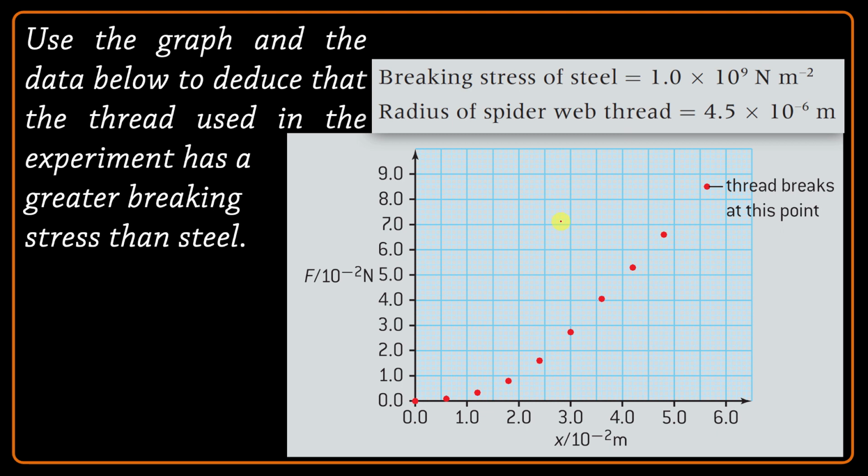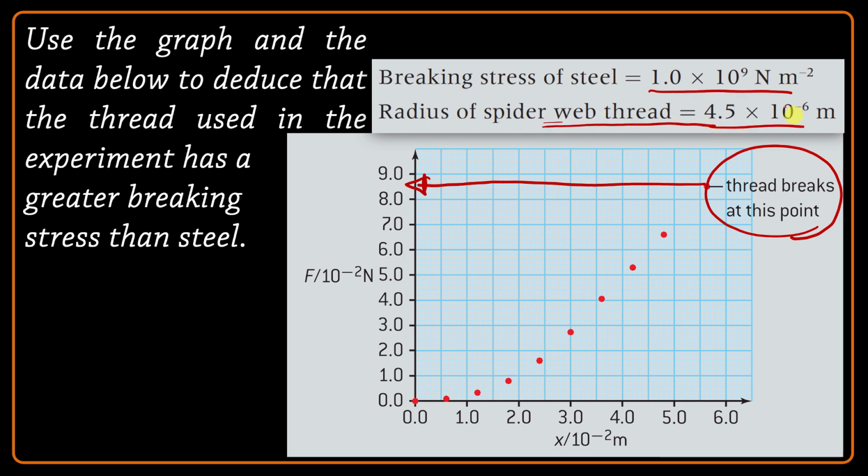Use the graph and the data below to deduce that the thread used in the experiment has greater breaking stress than steel. Here the thread breaks at this point, okay? This is the maximum stress it can tolerate, okay? Breaking stress of steel is given here, and radius of the spider's web thread is this.